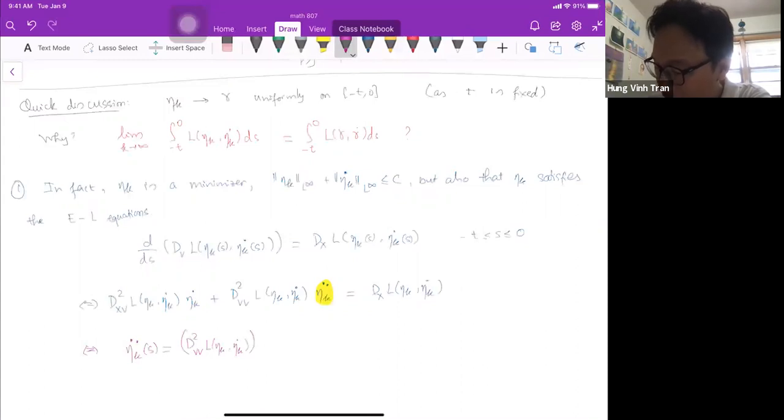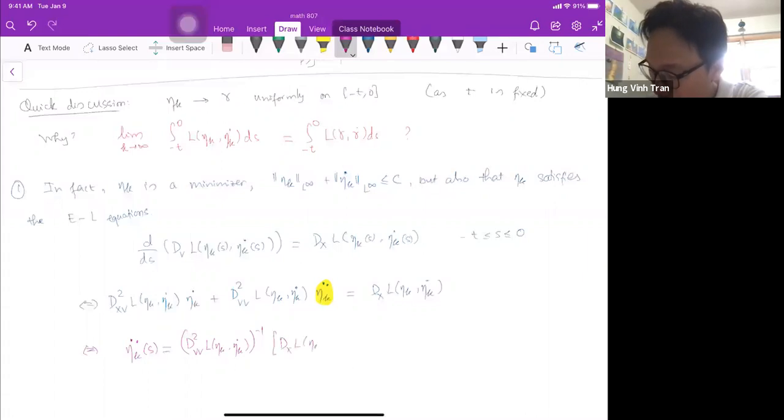This is a matrix that is invertible. Remember that it is positive definite, bounded between two constants, invertible. I'm thinking of every vector today as a column vector.